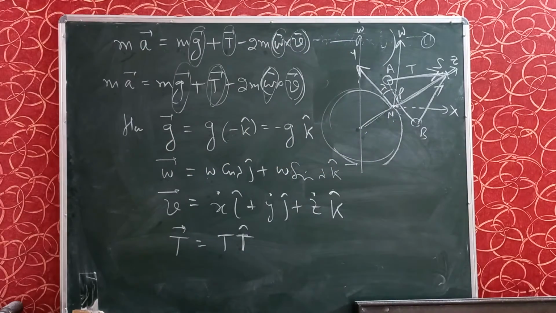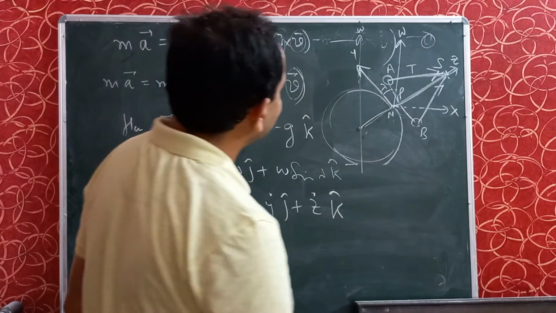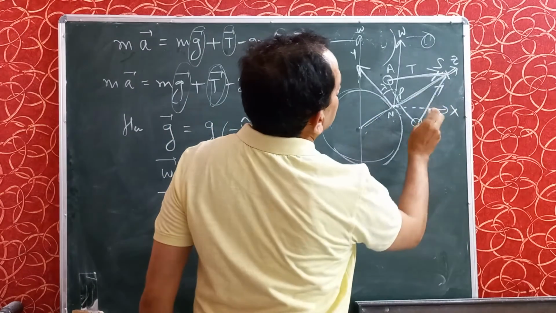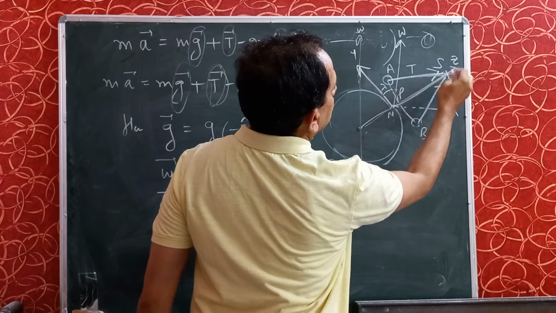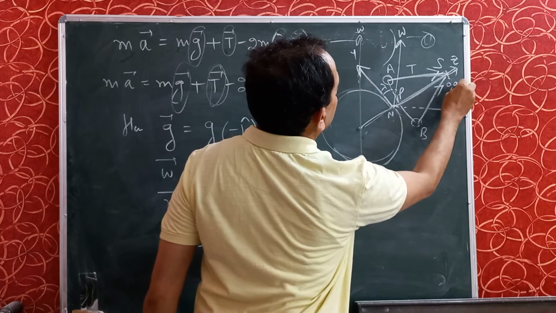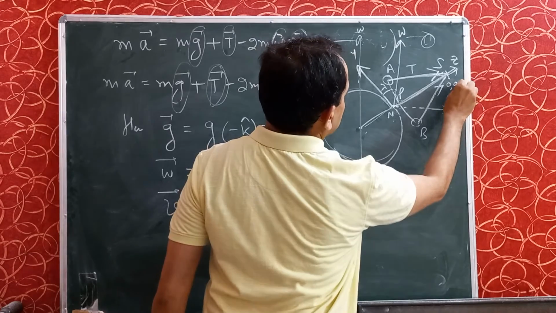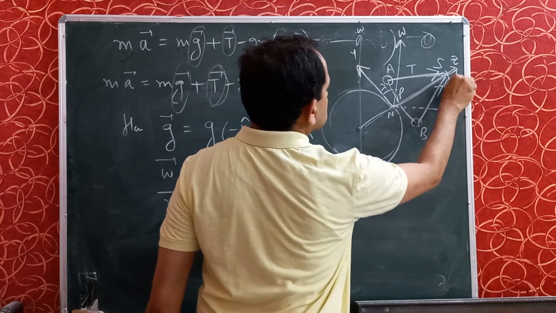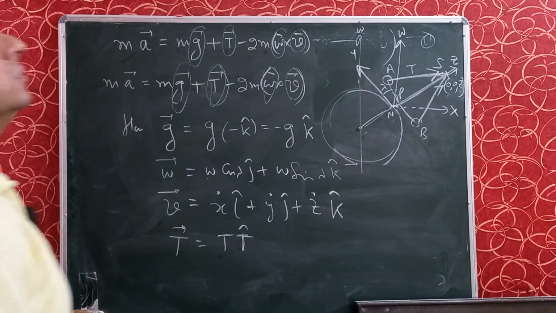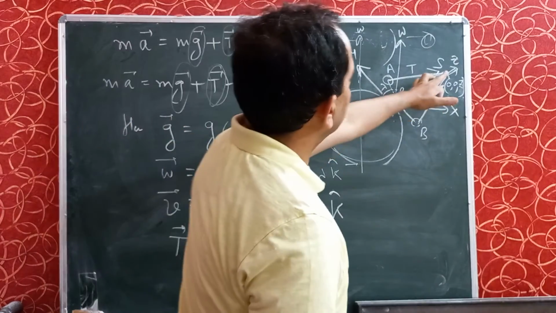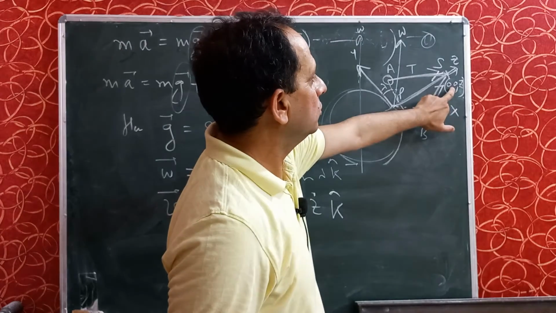two-point system. So what are the two coordinates? S point is fixed here. The coordinates for S point are 0, 0, L, because this point is lying on the Z axis. You know that on the Z axis, x is 0, y is 0.